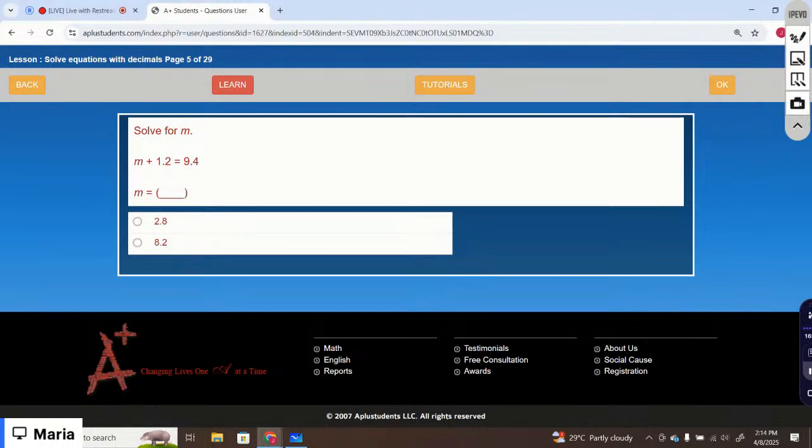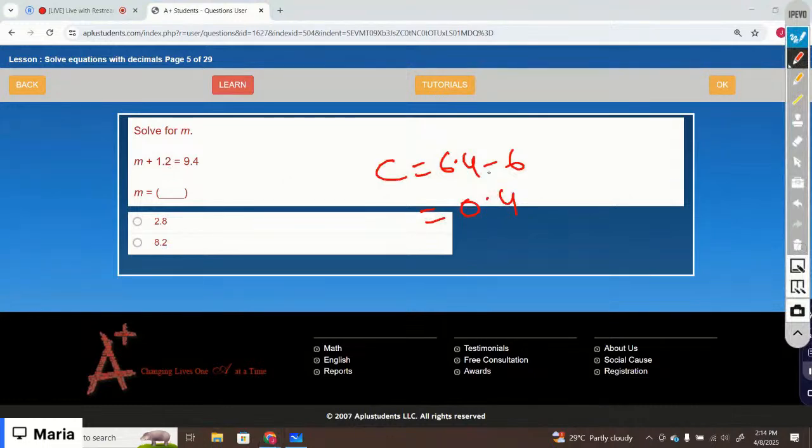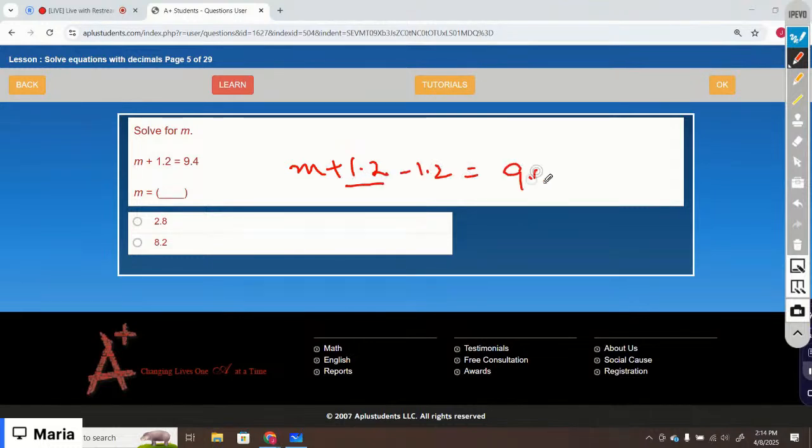Solve for m. m plus 1.2 equals 9.4. Now you need to isolate the variable m. So you have to do the reverse operation, inverse operations basically. Plus 1.2, you have to subtract 1.2 from both sides. Why? Because we are going to do inverse operations, undo operations, and 1.2 is added to m, so we need to subtract 1.2 from both sides, because this way 1.2 minus 1.2 makes 0.